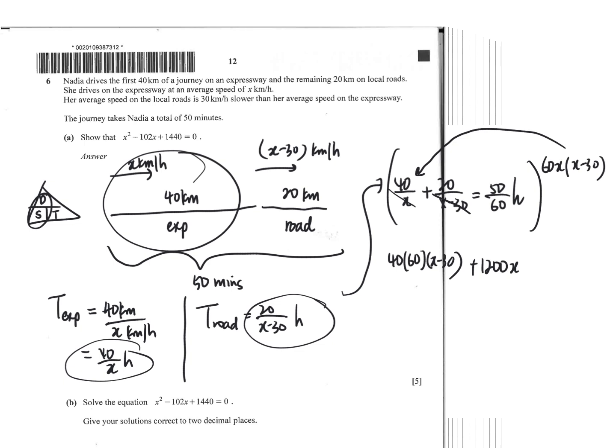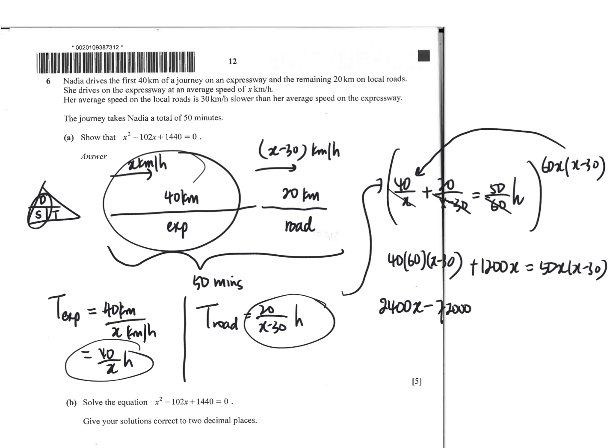And then the 60 cancels out. Okay, so go and simplify. 24, 60, 72, 30, is it?